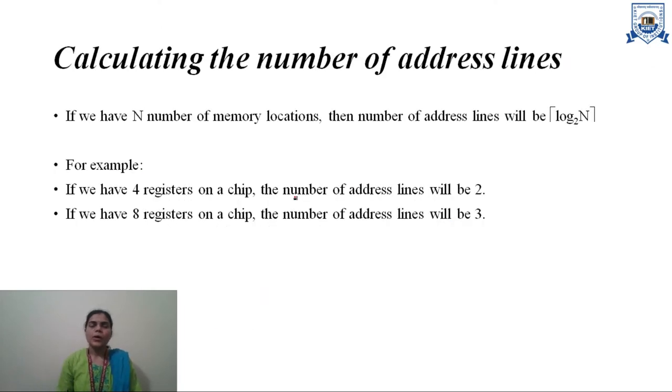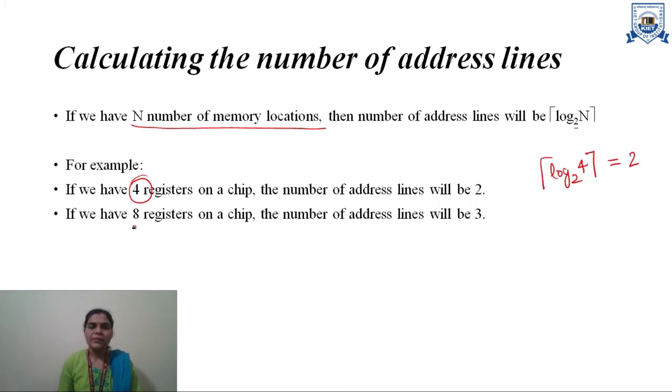Next, how to calculate the number of address lines for a given memory. If a memory chip has n number of locations, or we can say n number of registers, then the number of address lines will be calculated as the ceiling of log n base 2. For example, if we have 4 registers, then the number of lines will be 2.